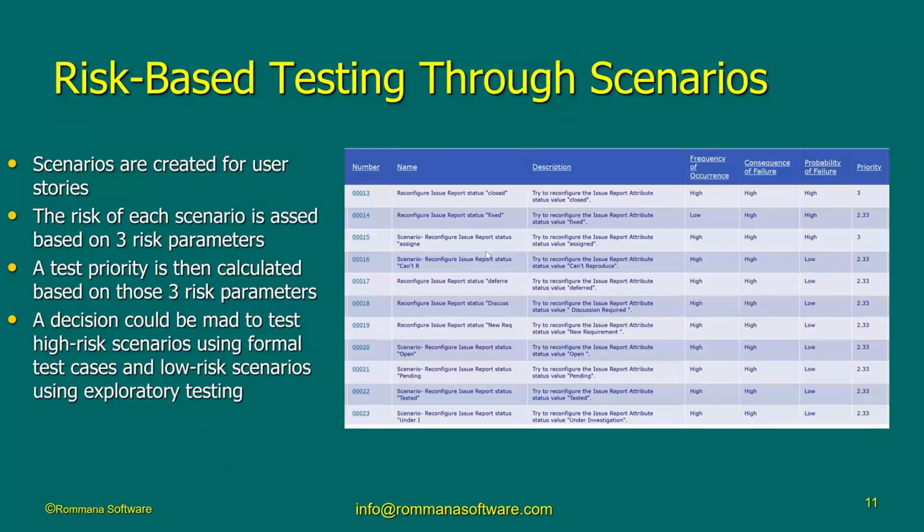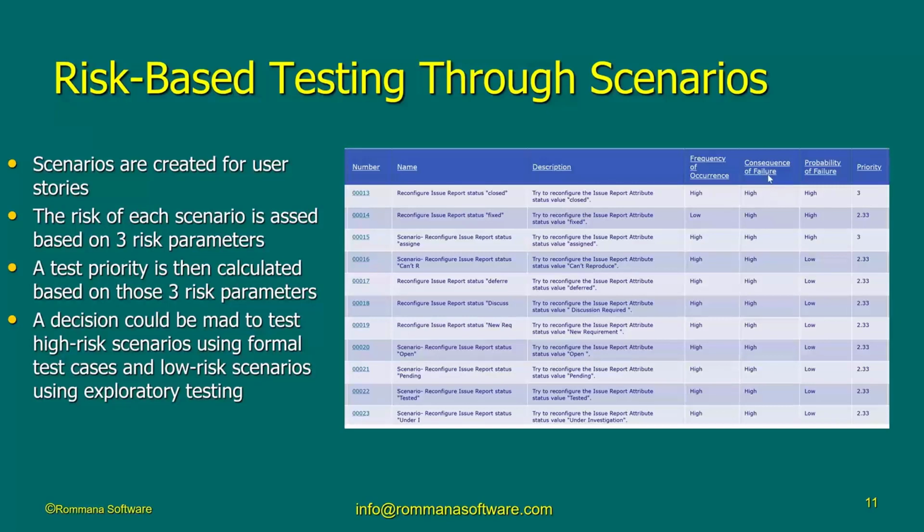So now when you see the list of scenarios, here's a scenario number, which is a link, as you can tell here. If you click on the scenario number, it takes you to another screen that gives you the scenario details. This is only a list of all scenarios, but certainly every scenario has much more detail. So every scenario has a name or a title, has a description. It has also those three parameters. Frequency of occurrence, this is how often do we think the scenario is going to happen.